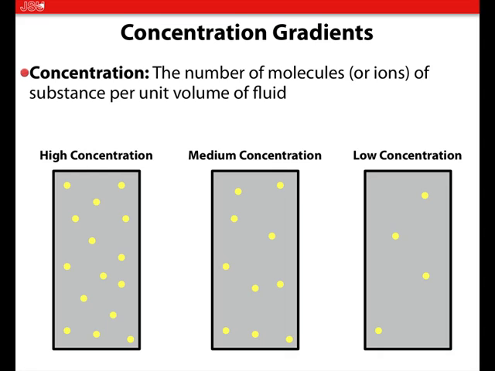You see the gray cylinders here, they all have the same volume. The one with high concentration has more of the yellow dots, more molecules per the volume. Okay, so when I talk about high concentration, I mean that something has more molecules per unit volume than something with low concentration.